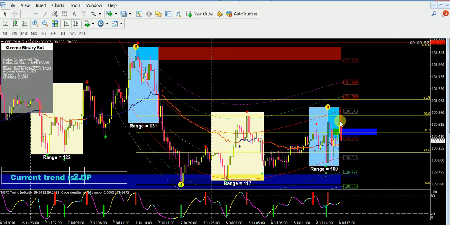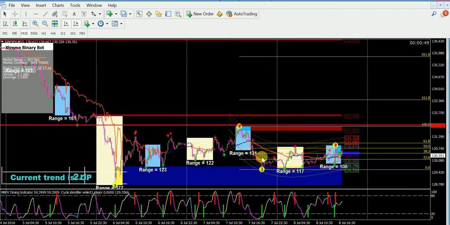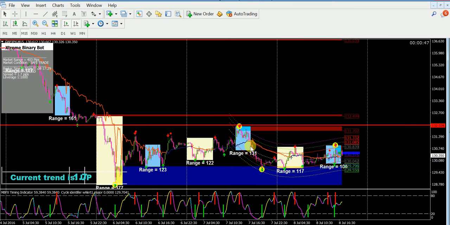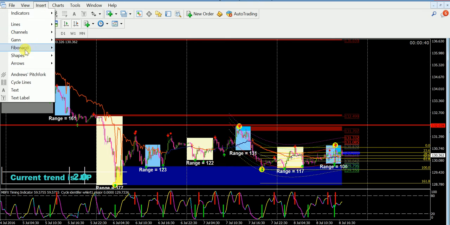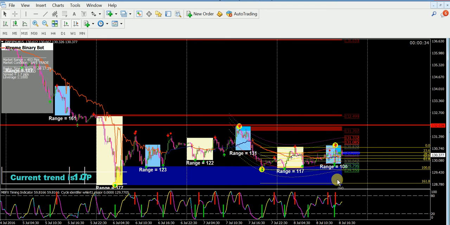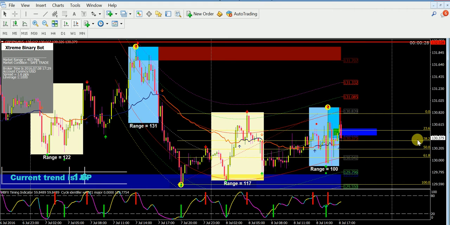Now we could have entered a short position here, and let me show you how we would identify our target. We can erase the previous Fibonacci, and now we can draw from the low to the high where it retraced. And now we have a target down here below, at the 161. Let me zoom in.